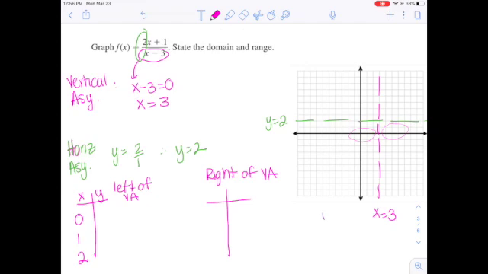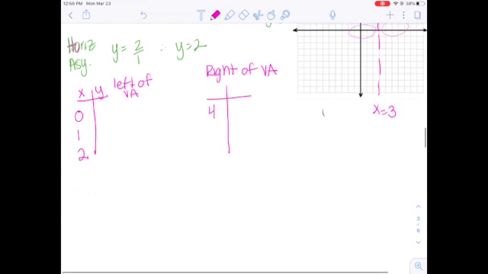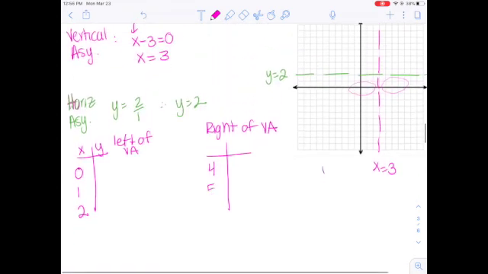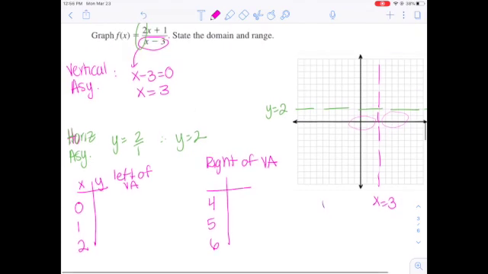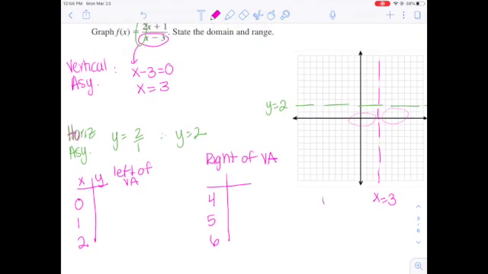I already know my function is not defined at 3. So go to the right, 4, 5, and 6. So use your calculator at this point, and at 0, when you plug in 0, you get negative 1/3. Plug in 1, you get negative 3/2.